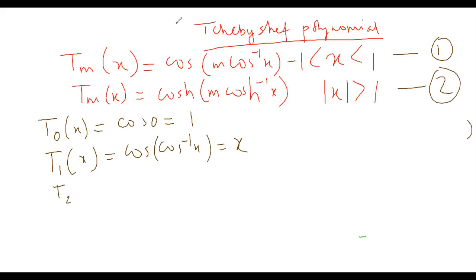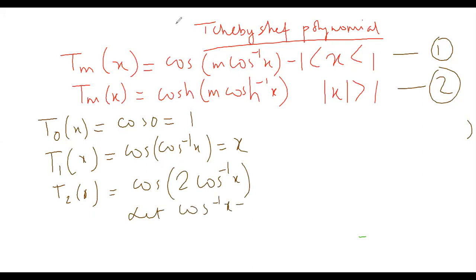Similarly, if you put T2(x), you get cos of 2 cos inverse x, right? So how can you write this? Suppose you assume cos inverse x equal to alpha.